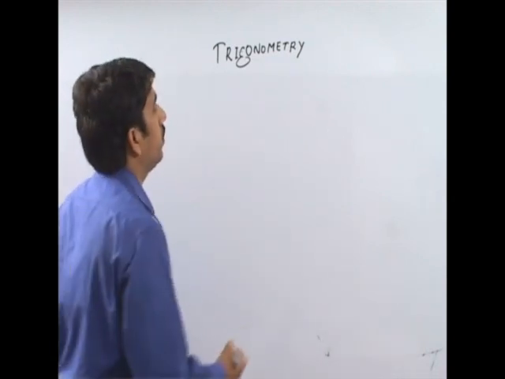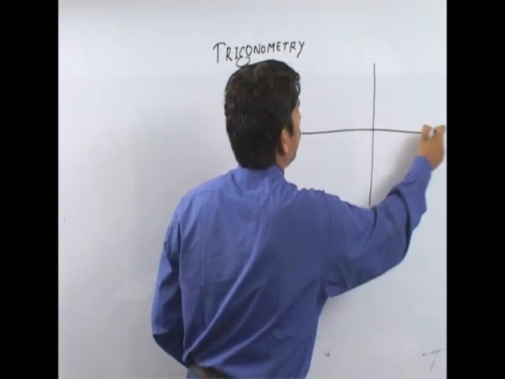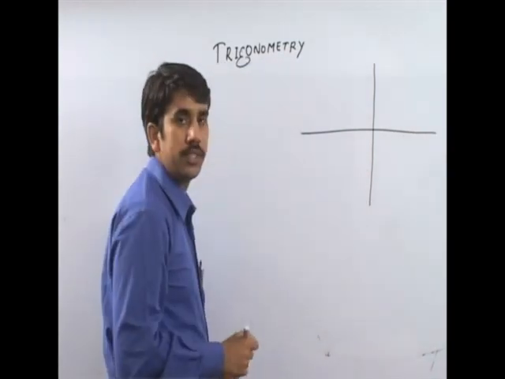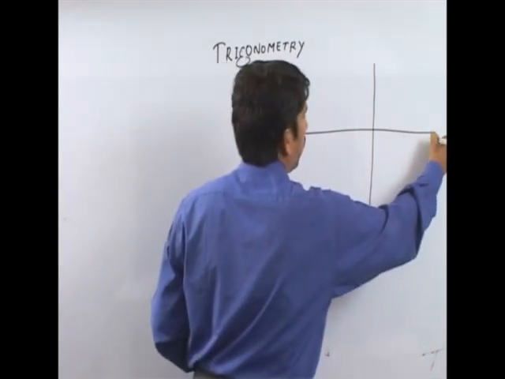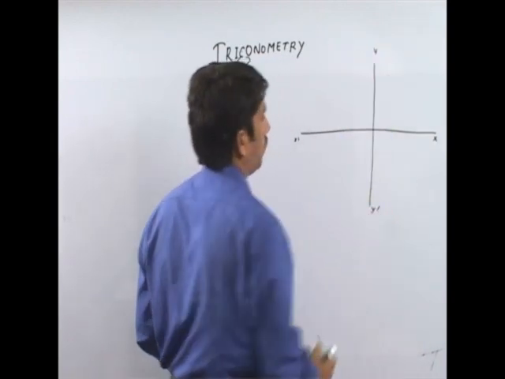Now, if you draw a Cartesian coordinate in 2 dimensions, let this be x-axis, this is y dash.